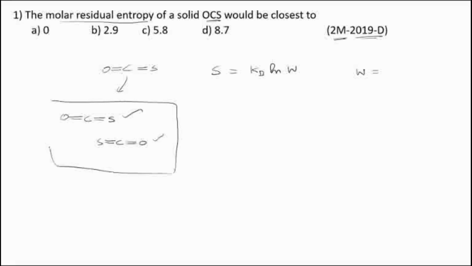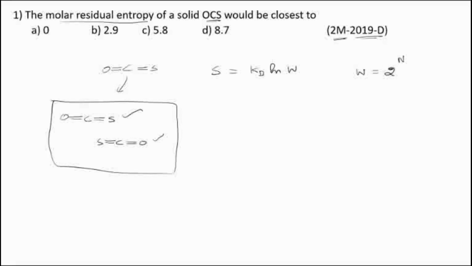So if you take a crystal of carbon oxysulfide, you can have these two possible orientations. So the number of microstates is the number of possible orientations that each molecule can take in the solid, to the power of the number of particles present.